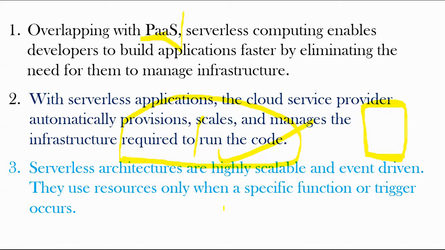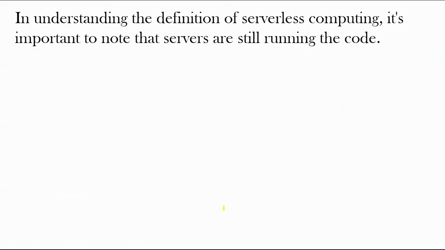So this is the good advantage of going for serverless cloud computing. As long as there is some sort of trigger, only at that time will the resource be used. Otherwise it will be unused, and you only have to pay for what is used.